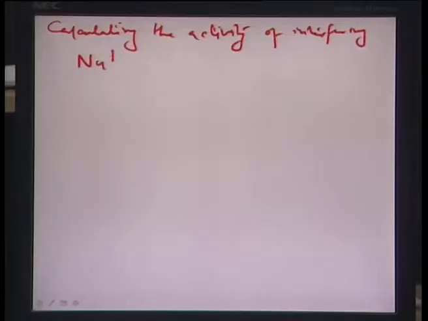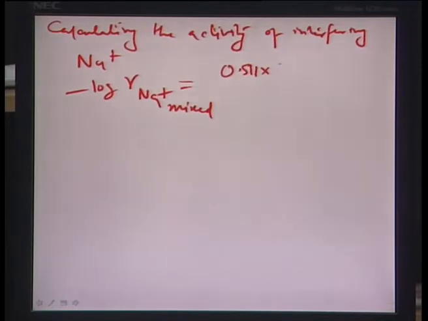So, essentially the interfering ion here is Na⁺. So, for the Na⁺ we have minus log gamma Na⁺, we call it mixed again because the Na⁺ is present only in the mixed solution, is equal to 0.511, the A parameter, times Z square.